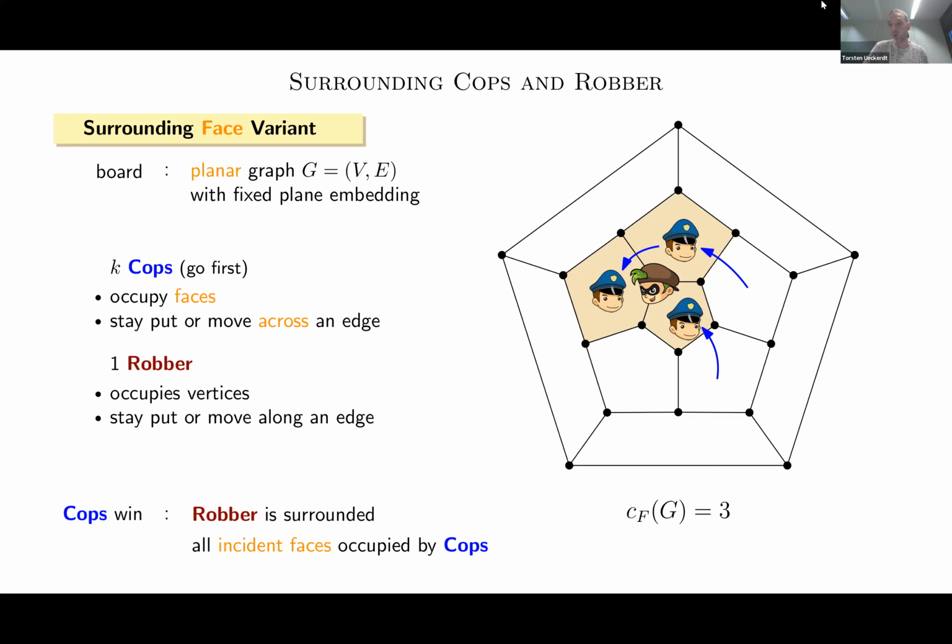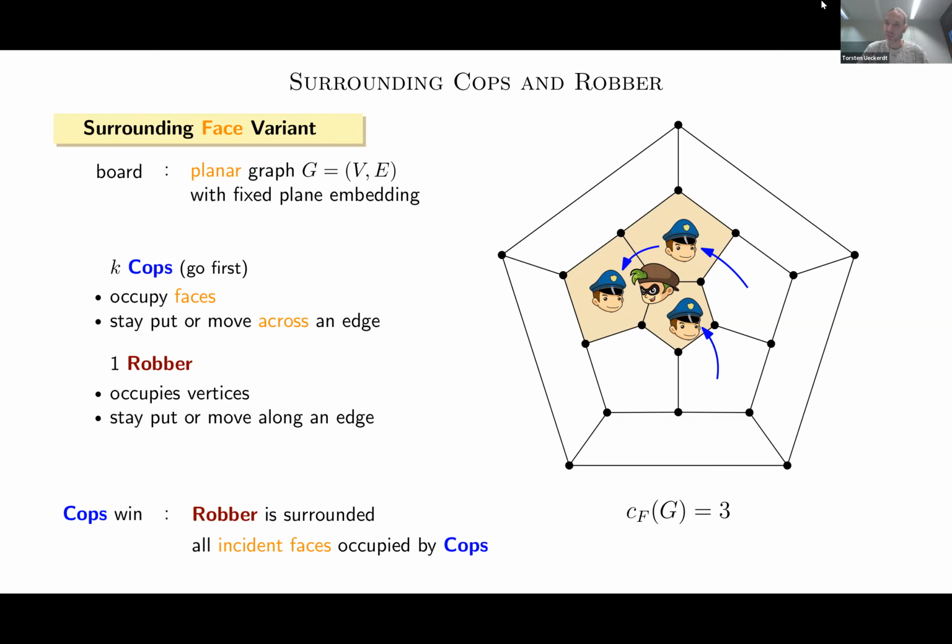So every vertex not only has degree 3, it is also incident to 3 distinct faces. So if there are only 2 cops, just staying on any vertex is just fine, and you defend against 2 cops. Okay, so the face cop surround variant of this graph should be 3.